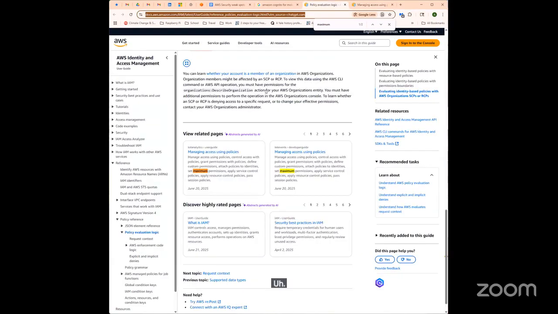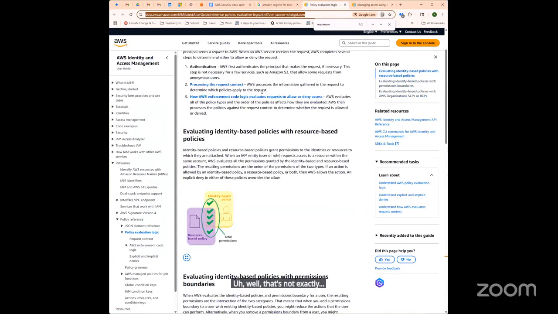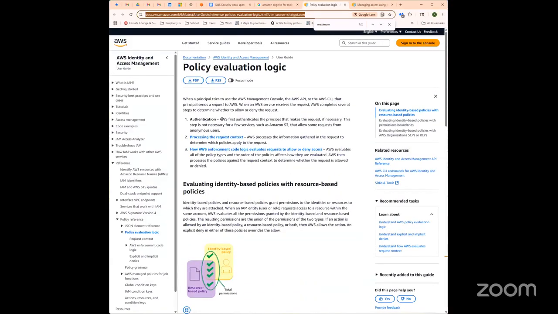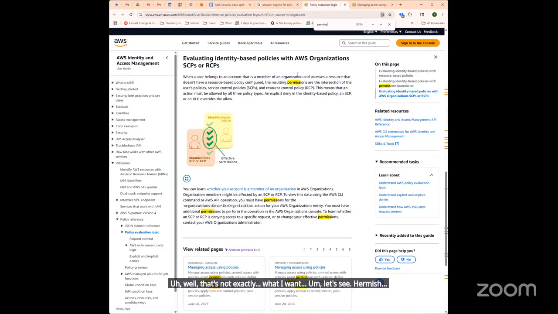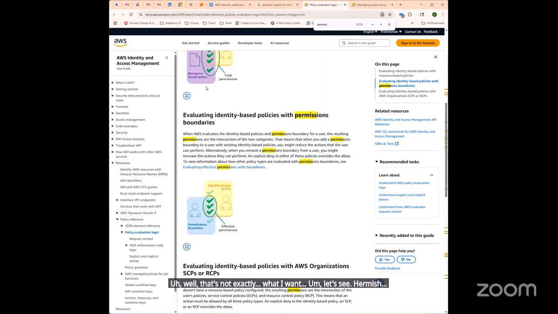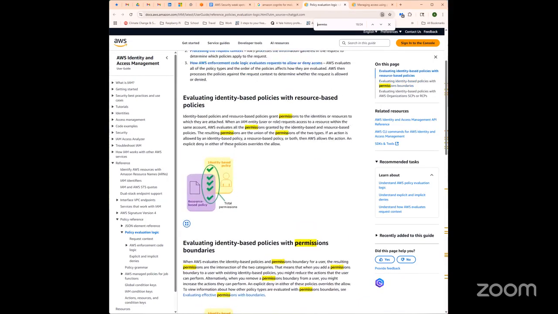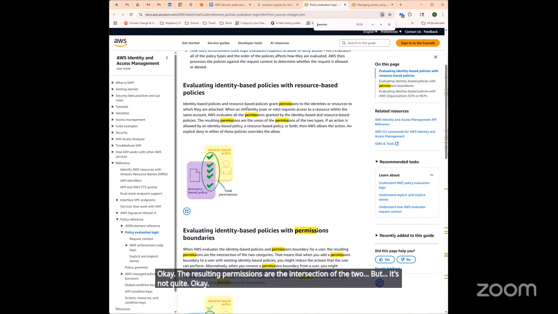Well, that's not exactly what I want. The resulting permissions are the intersection of the two. But it's not quite. Okay, so this is going to talk around it a little bit. It's just going to give you multiple examples.